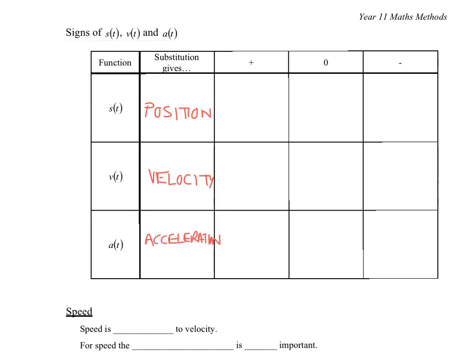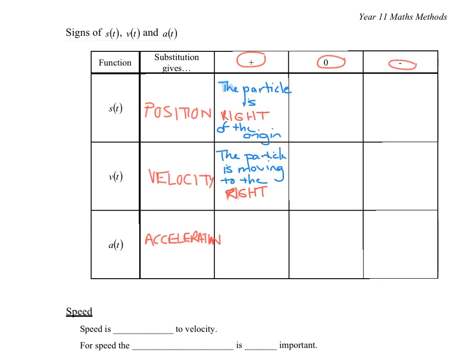Now, when we've got a positive for s of t, let's think about the different signs. We could either have positive, 0, or negative. So if we've got s of t and it's positive, that means that the particle is on the right-hand side of the origin. All right, so the particle we're talking about is right of the origin. If we have a positive velocity, that means that the particle is actually moving to the right.